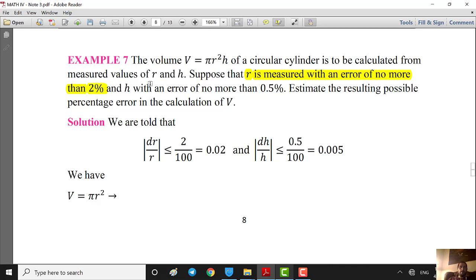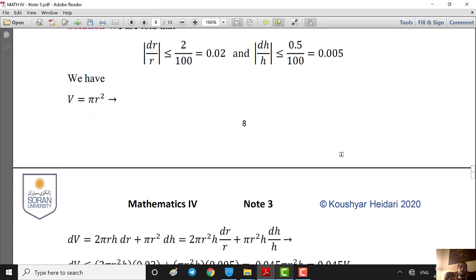And h with an error of no more than half a percent. The translation of this is that the absolute value of dh over h is smaller than half a percent, meaning 0.5 over 100, which is 0.005.